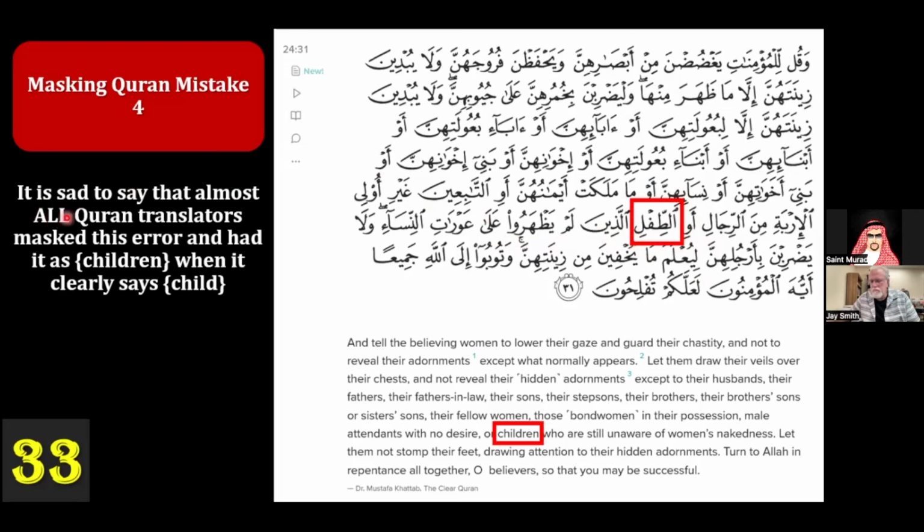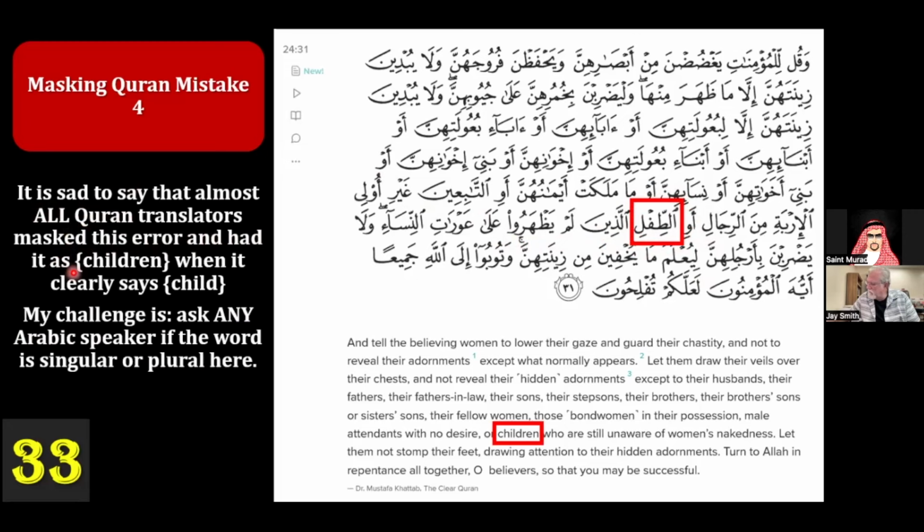It is sad to say that almost all Quran translators masked this error and had it as children when it clearly says child. My challenge actually is, ask any Arabic speaker, especially people who are very angry in the comments, tell him, is طفل singular or plural? And is this sentence correct in Arabic?